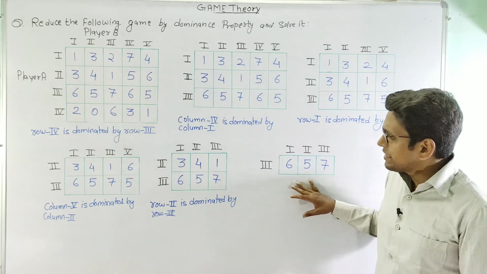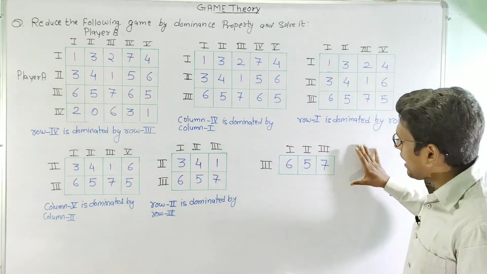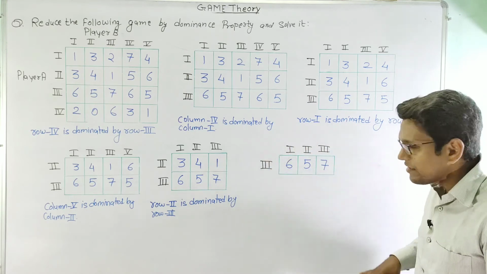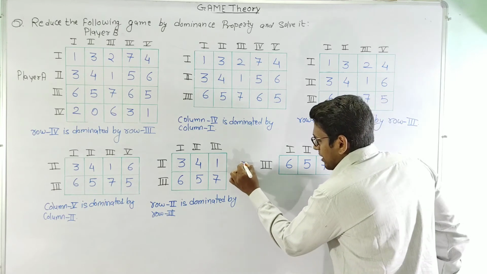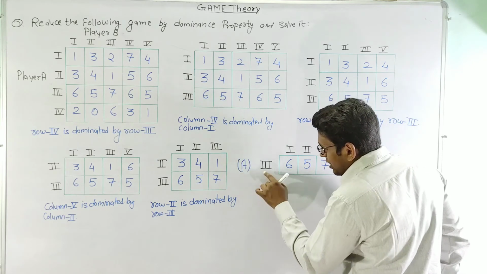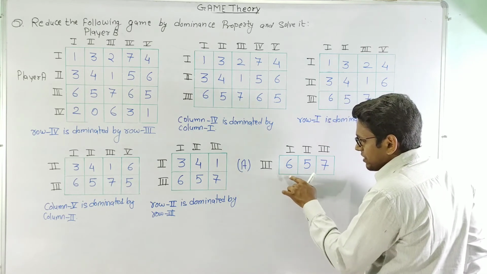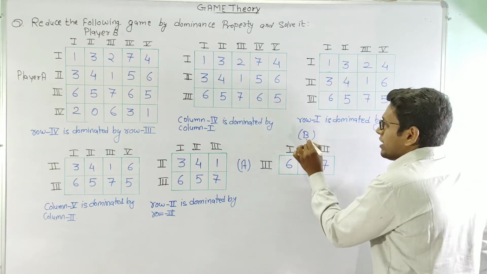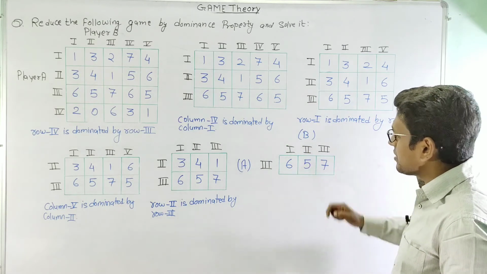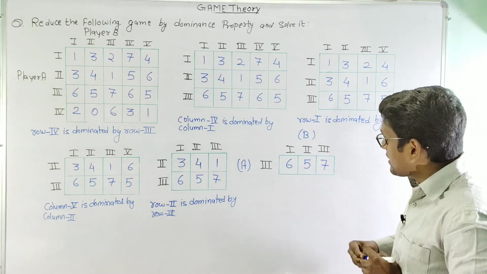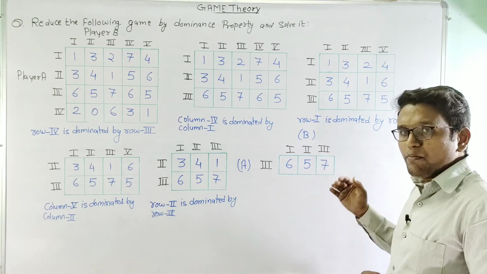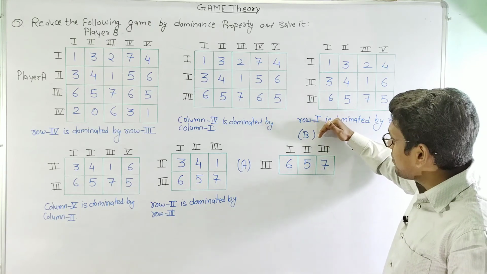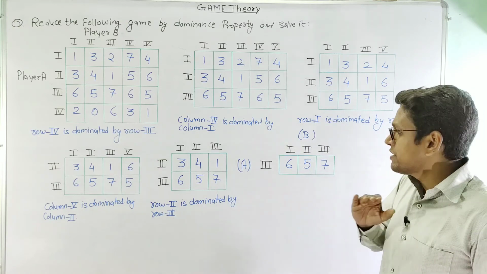Now after eliminating row 2, we have a single row remaining, and after this we can analyze that here player A can play only one strategy, strategy 3. This is the only strategy remaining for player A, and for player B there are 3 strategies remaining, and we know that player B and player A are both equally intelligent players. So player B will always try to minimize the loss.